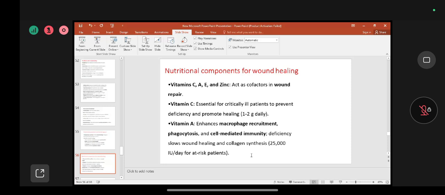Nutritional components for wound healing: vitamins C, A, E, and zinc are cofactors in wound repair. Vitamin C is essential for critically ill patients to prevent deficiency and promote healing and should be given 1 to 2 grams daily. Vitamin E enhances macrophage recruitment, phagocytosis, and cell-mediated immunity.